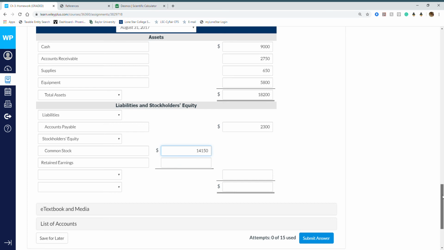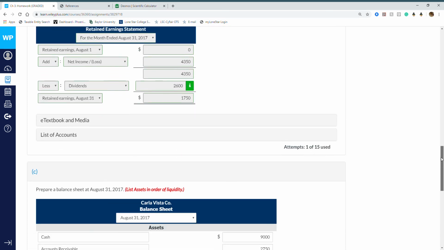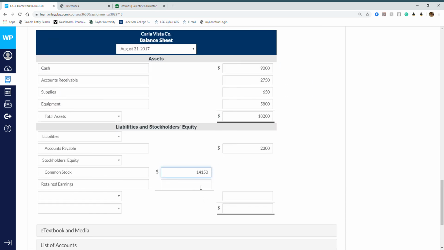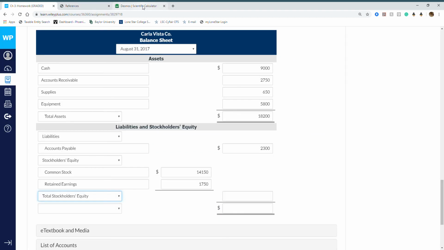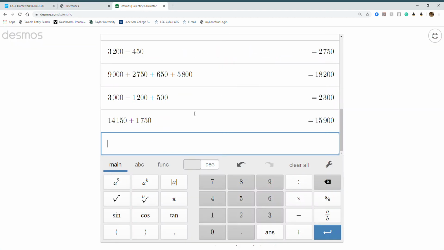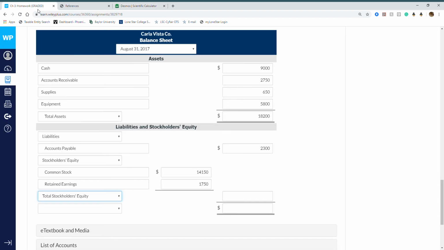And retained earnings from previous was $1,750. So total is $15,900.